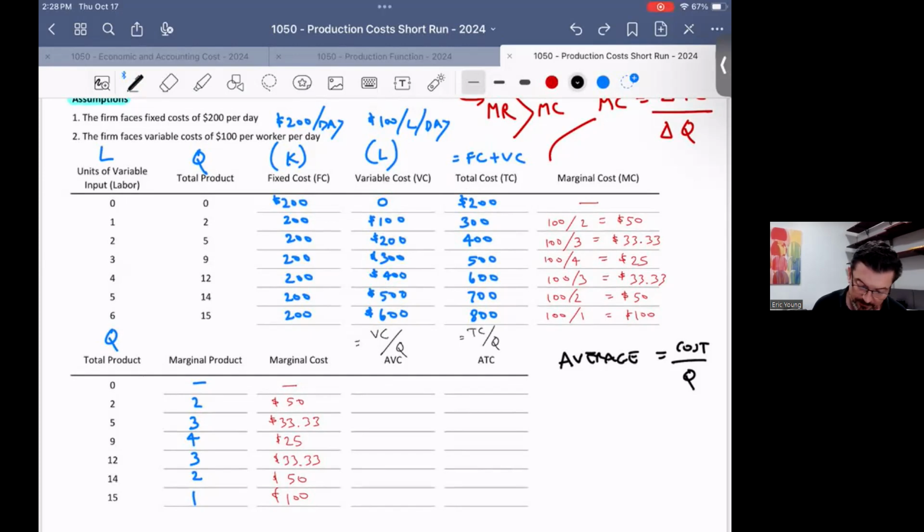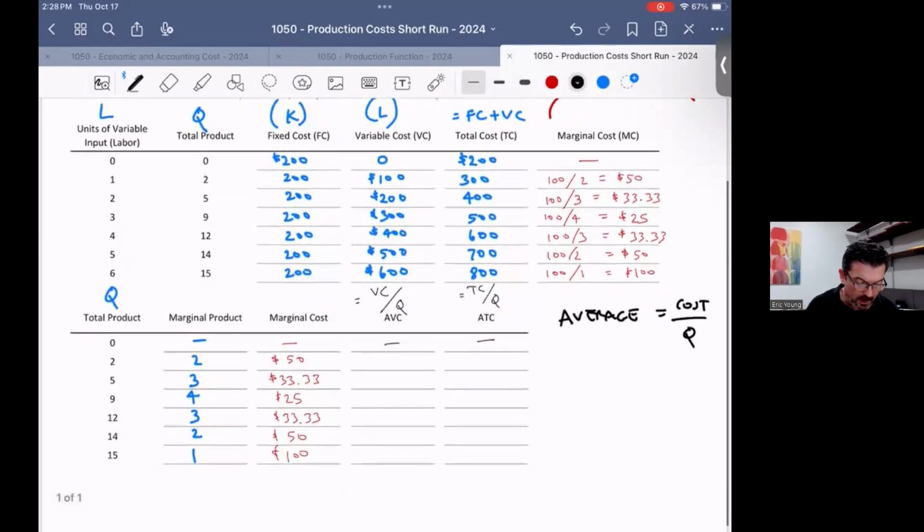Okay, let's do it. Now we can't divide by 0, so we're never going to have averages when we have 0 product. But for the rest of it, we just divide. So average variable cost for 2 will be 100 divided by 2, or 50.